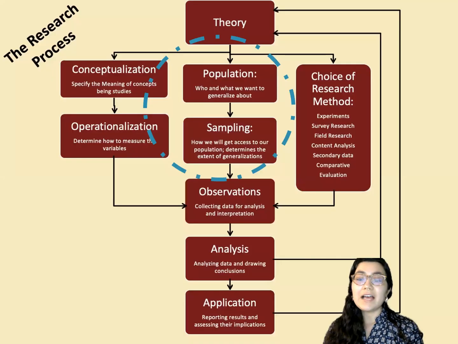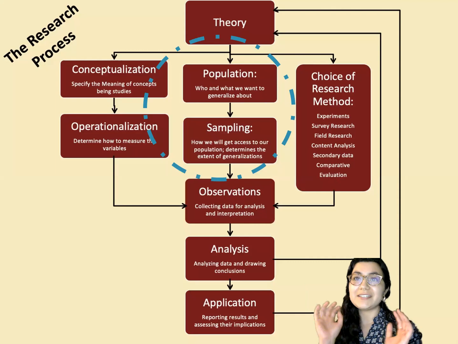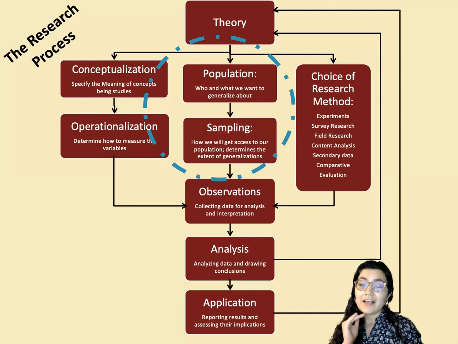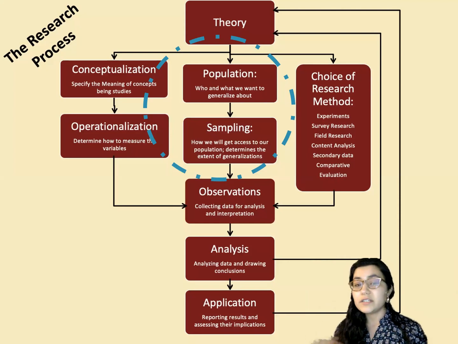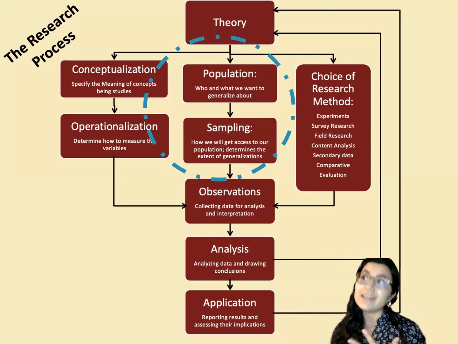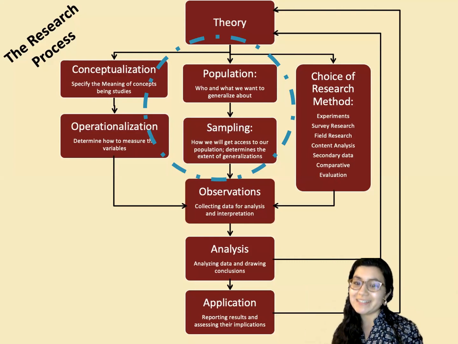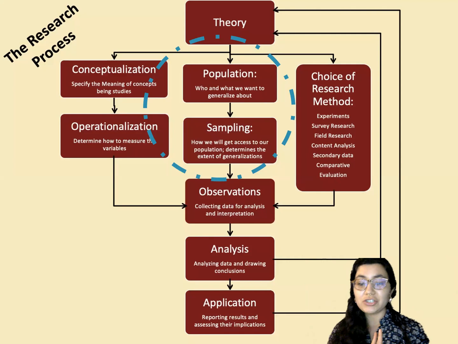So as I have shown you this slide that we're going to be working on through the course, time and time again, we're going to come back to this slide, and we see here that right now we're dealing with the population. So who and what do we want to generalize about? We've already talked about the meaning and the concepts that we're trying to study and how to measure those things. And so sampling is, okay, how are we going to get access to that population, and the type of sampling determines the extent of generalizations that we can make.